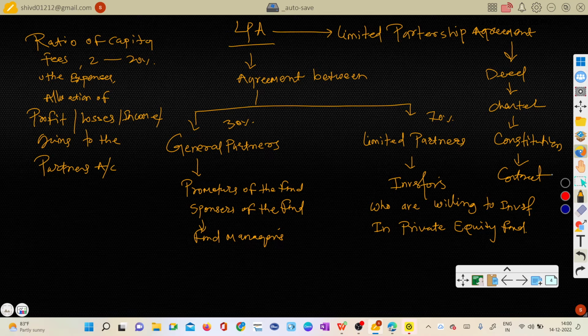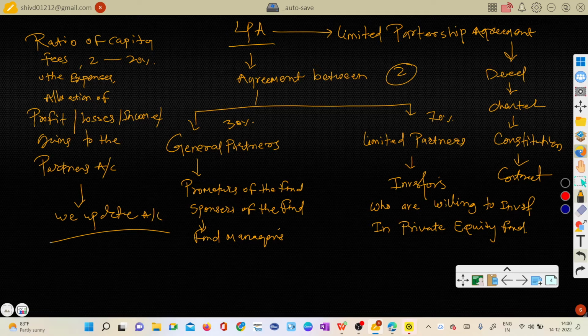The requirement is you should have a minimum of two partners. If you have, then only you can start with this business, right? And again, that document is very important, because on the basis of this we update the accounting systems. Why?